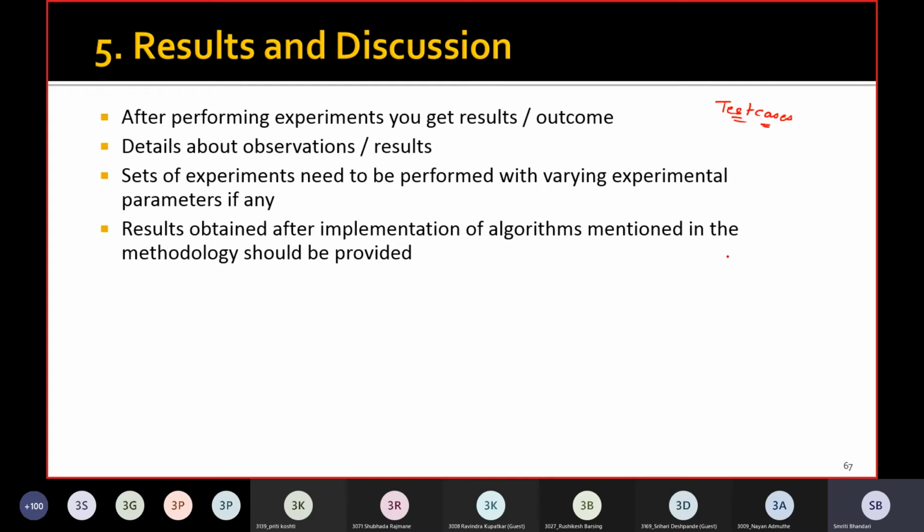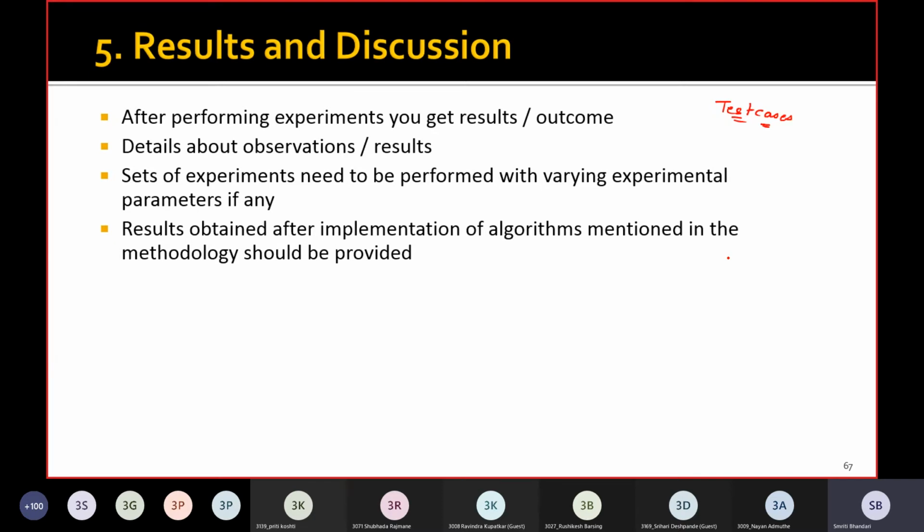So whatever the result is after implementing that algorithm, that result you provide in the results section.